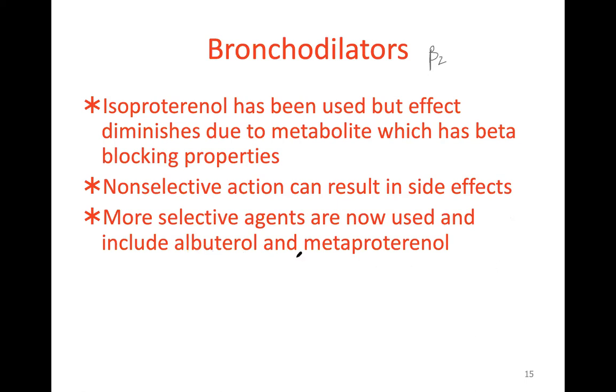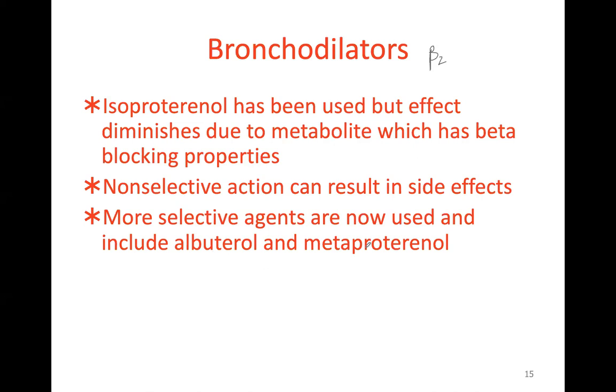The two agents we see used a lot are albuterol, which is very commonly used for asthmatics and is almost pure beta-2, and metaproterenol, which is also beta-2. So we've done two things to reduce side effects and have a greater effect: more selective beta-2 agents, and an inhaler, which puts the drug straight onto the bronchioles.